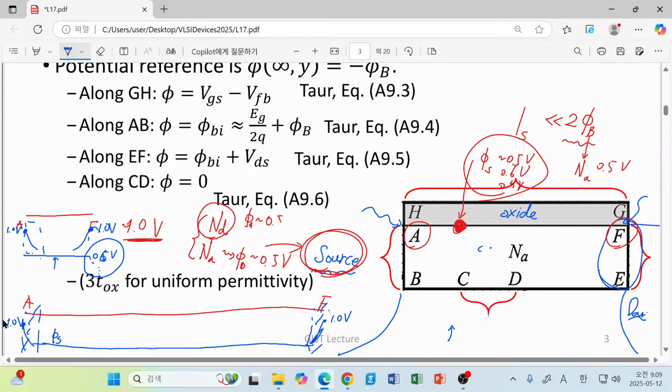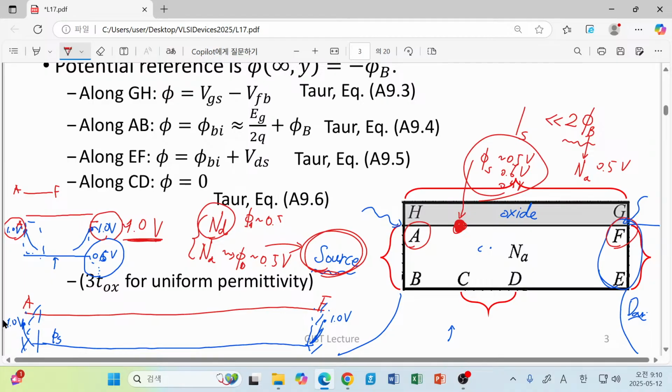But if we make an even further reduced case, A and F, in this case their two transition regions overlap each other. It means that the value raised by this source and drain potential really affects the entire channel region. That's the reason why even this potential barrier seen by our electrons can be affected by this boundary condition.